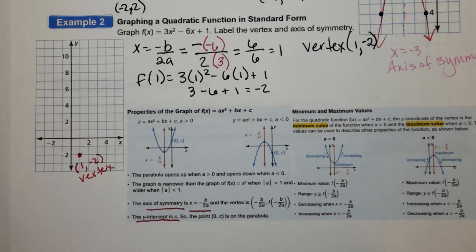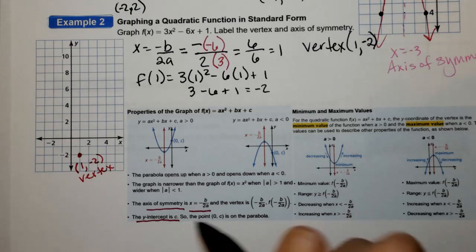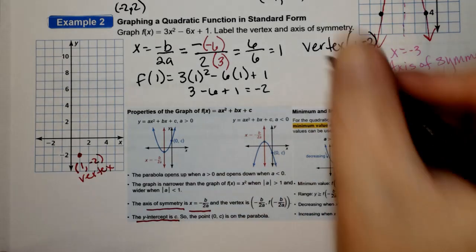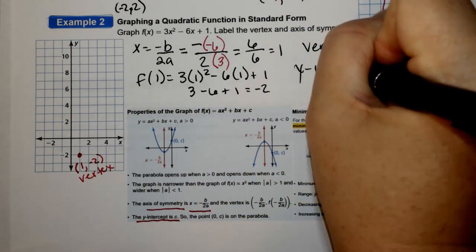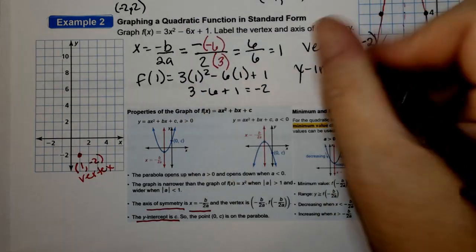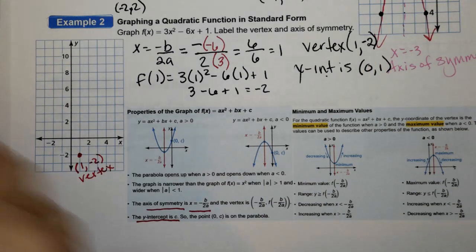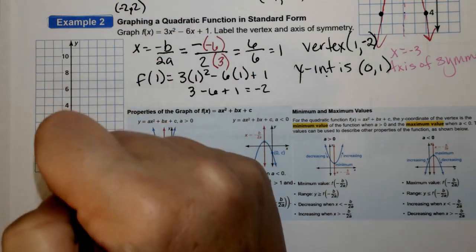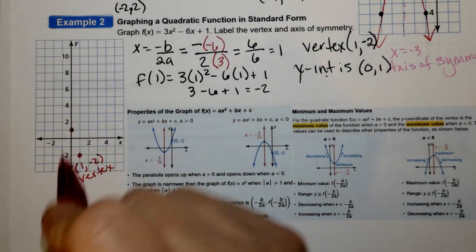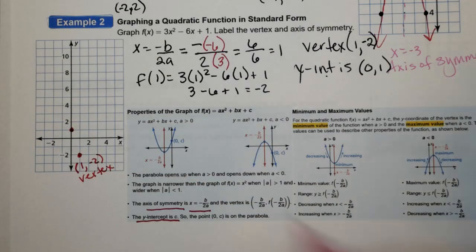Just in case. All right, so now we need another point. Well, we know the y-intercept is 1, so we know it is 0 comma 1. So we're going to go up here. We got 0, up 1. But they do want us to label the axis of symmetry.